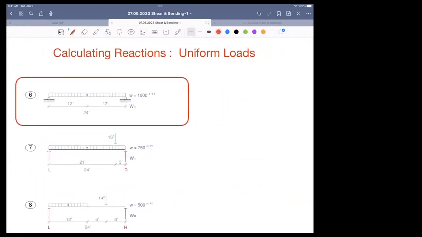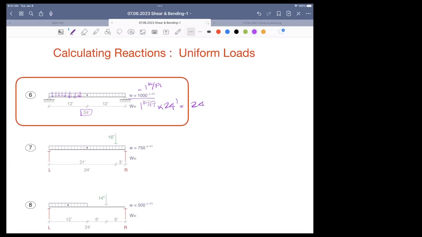When you have a uniform load of 1,000 pounds per foot, or 1 kip per foot, that means every 1 foot, you're getting 1,000 pounds. So over 24 feet, you have 1 kip per foot deployed over 24 feet.